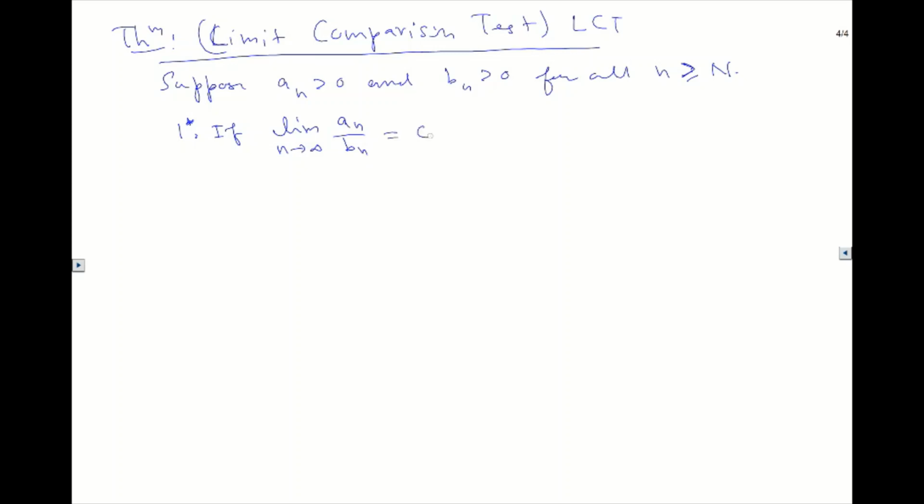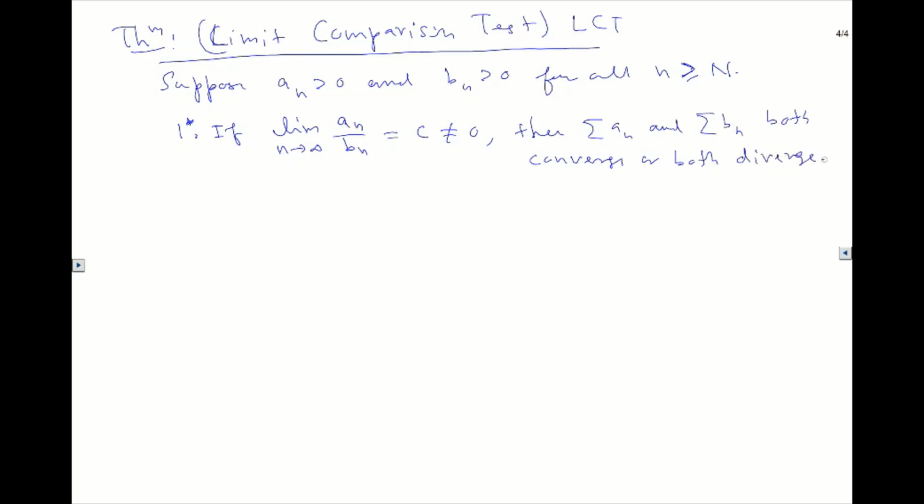Let's say you get a number, anything other than 0. So you get a number which is not equal to 0. Then what's going to happen? Whatever happened to one series, the same thing will happen to the other series. So sigma an and sigma bn both converge or both diverge.